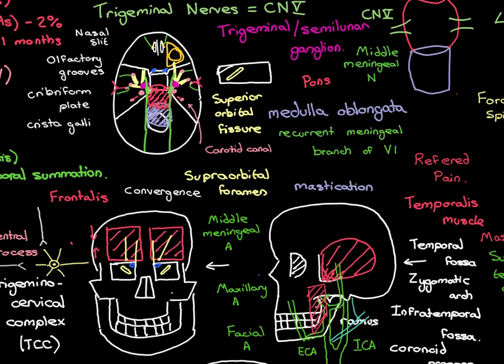However, not just does the internal jugular vein emerge from the jugular foramina on both sides, but also this posterior meningeal artery is going to go up through the jugular foramen. So let me put them in here. So here is the left jugular foramen, and here is the right jugular foramen.